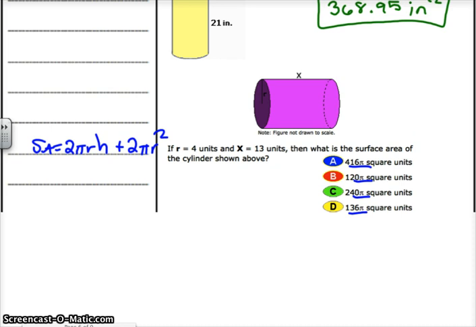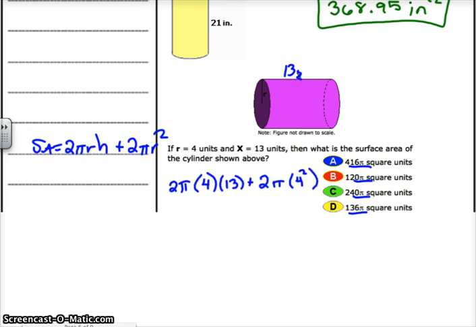Okay, and it tells me everything I need to know. r is 4, x is 13. x is my height. So it's going to be 2, and I'm going to leave pi because I see that the answers want me to. 2 pi times my radius times my height plus 2 pi times my radius squared, 4 squared.